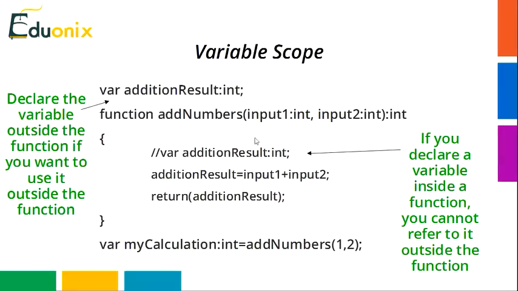And in fact, variable scope doesn't just refer to functions, but in any case where these curly brackets are used, the scope of a variable is limited by these curly brackets. So if I removed that comment sign and used this variable here and removed the same variable from there, I wouldn't be able to refer to this variable elsewhere in the program outside this function, because the scope is from that position to this point, and then it's inaccessible beyond that closing curly bracket.